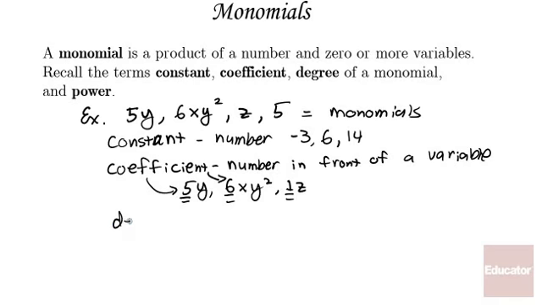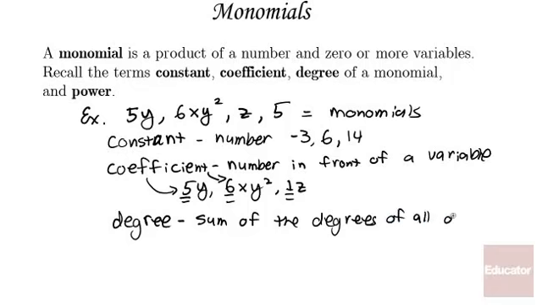Next, degree, the degree of a monomial. The degree of a monomial is the sum of the degrees of all of the variables. For example, 3x y squared z to the 4th.